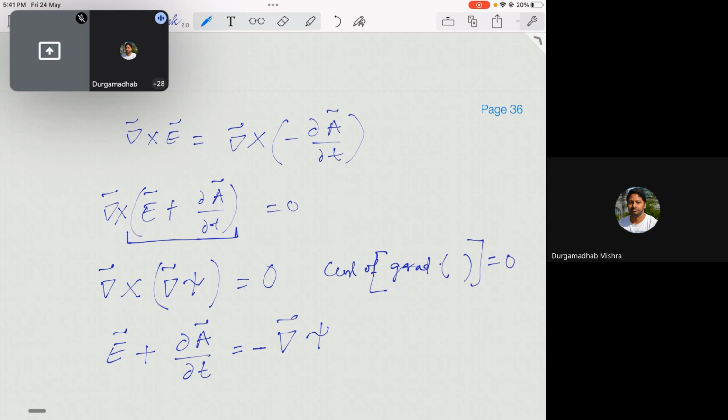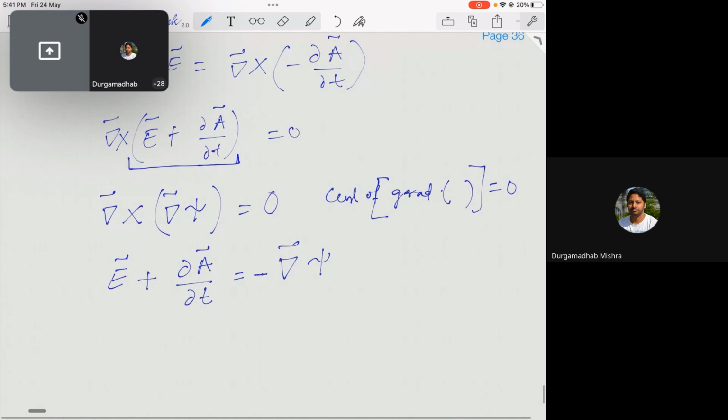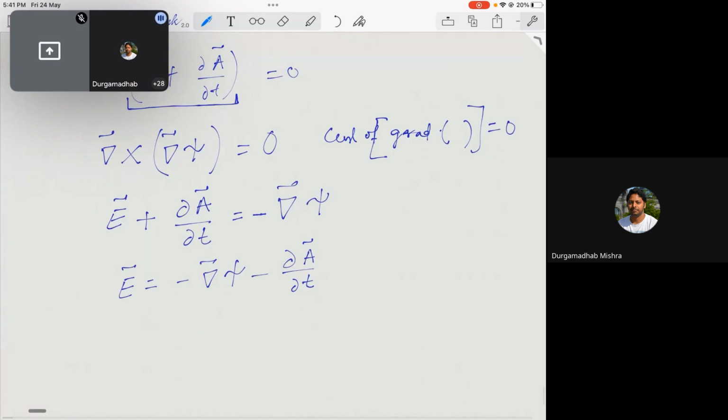This is useful, we will see later. So I can write it like this, a gradient of a scalar. So the electric field, I can now define as minus the gradient of the scalar minus del A by del T. What you see clearly now is pretty interesting.